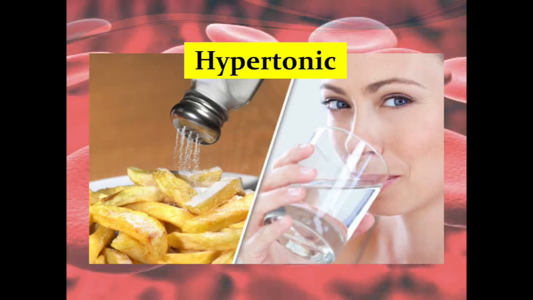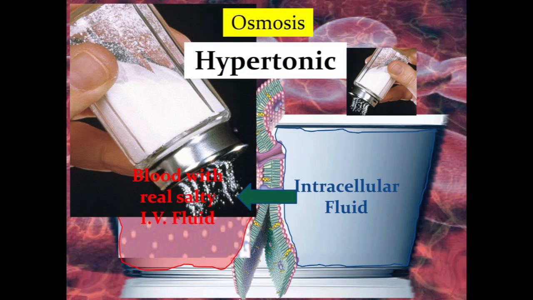If we have a lot of salt that we've ingested, it of course makes us very, very thirsty, and that's because of our osmoreceptors. Notice that the salt shaker on the IV or the extracellular side is really salty compared to the normal salt shaker on the intracellular fluid side.